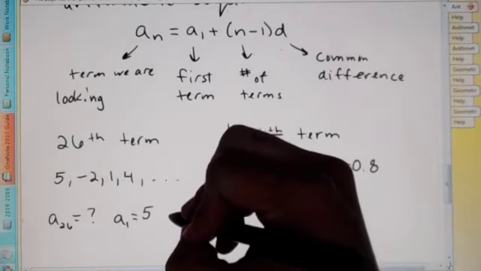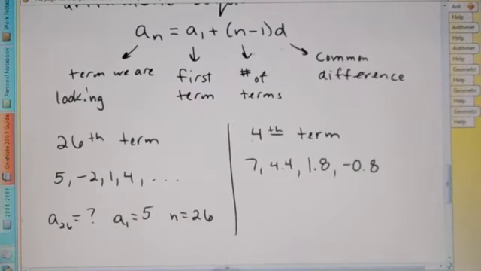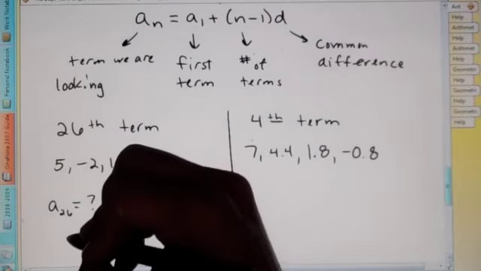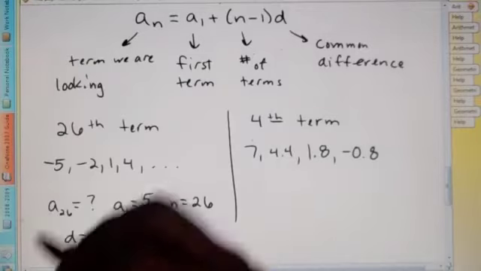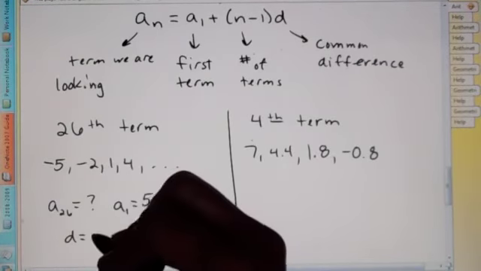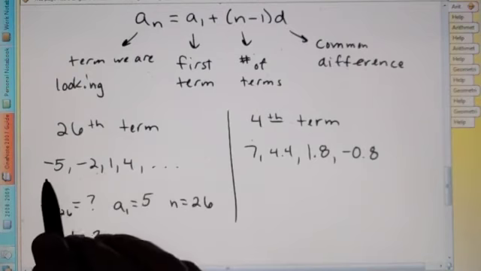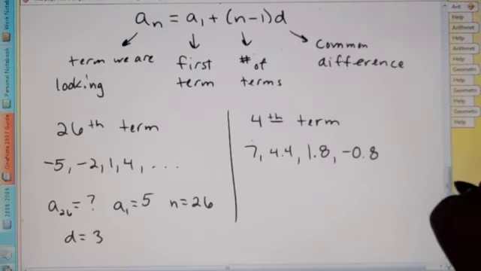The number of terms is going to be 26, since we're looking for the 26th term. And lastly, d, our common difference. We have negative 5, negative 2, 1, 4. They keep going up by 3. Negative 5 plus 3 is negative 2, plus 3 is 1, plus 3 is 4.